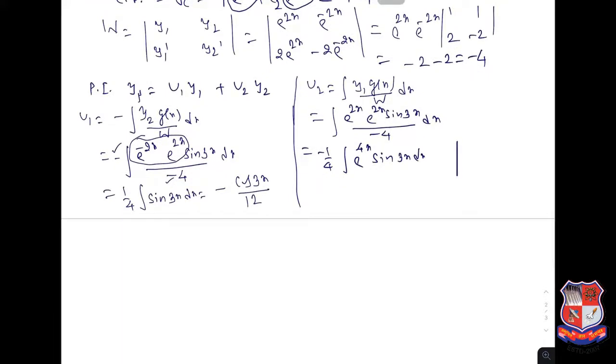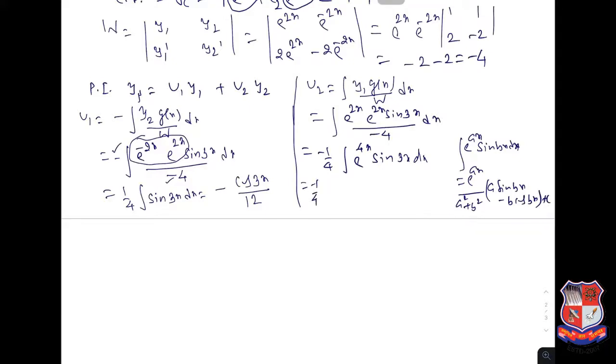But now we know the formula: integration e power ax sin bx dx is e power ax over a square plus b square, times a sin bx minus b cos bx.